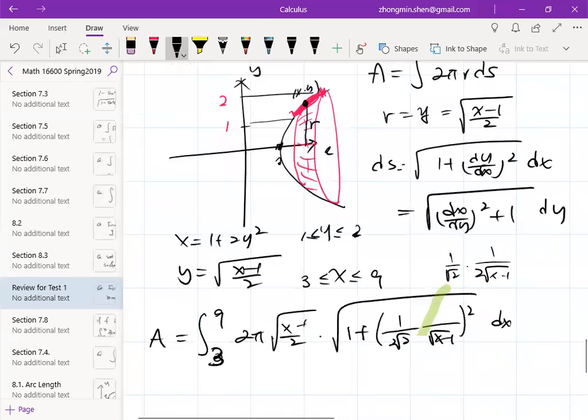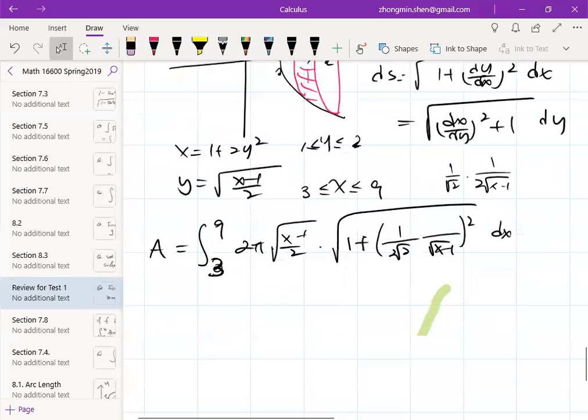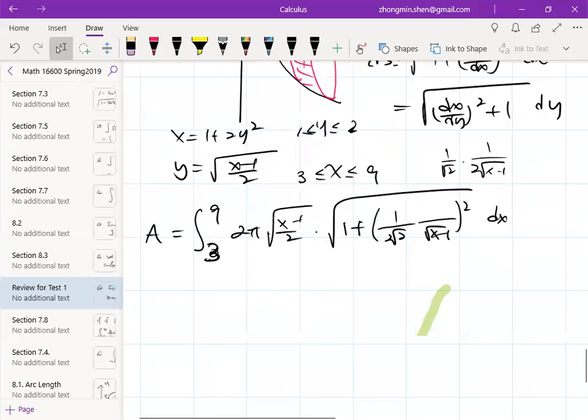Okay, so this is an integral. After simplifying, it's not too bad. You can simplify and you get square root of some linear function. It's easy to evaluate this integral. All you have to do is, let me simplify a little bit, okay?